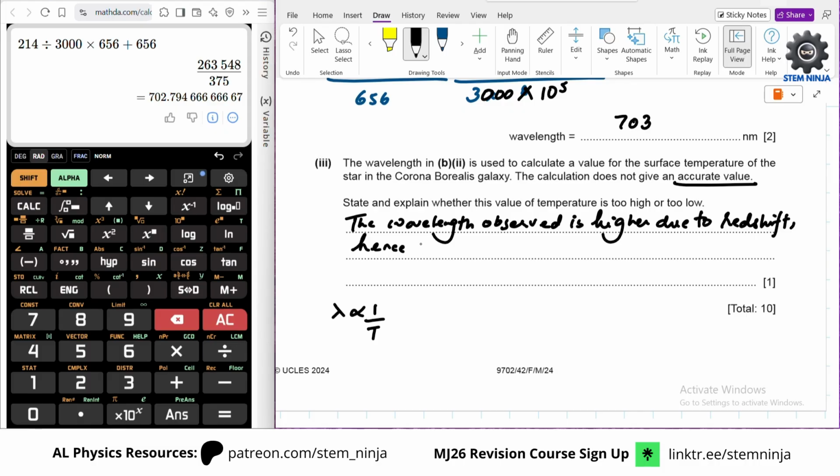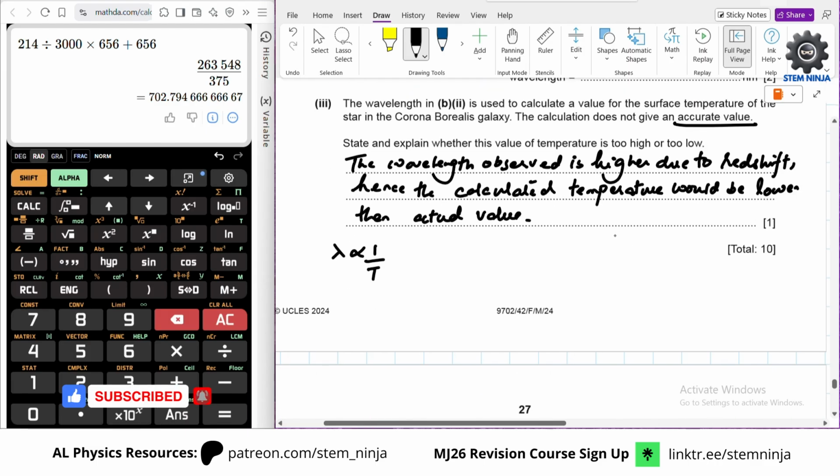Hence, the calculated temperature would be lower than the actual value.